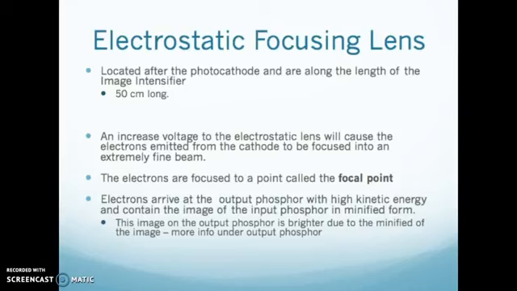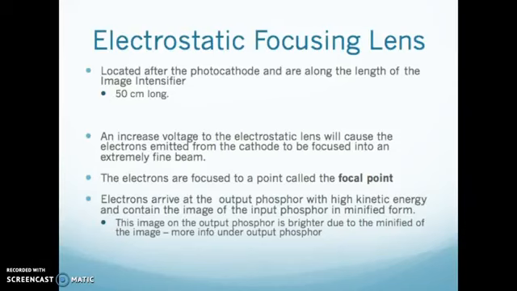As we increase the voltage, the lenses direct the electrons to the focal point, which is a very fine beam. It comes in nice and wide, and these electrostatic lenses push the electrons to a focal point. So they arrive at the output phosphor with kinetic energy and contain the image of the input phosphor.